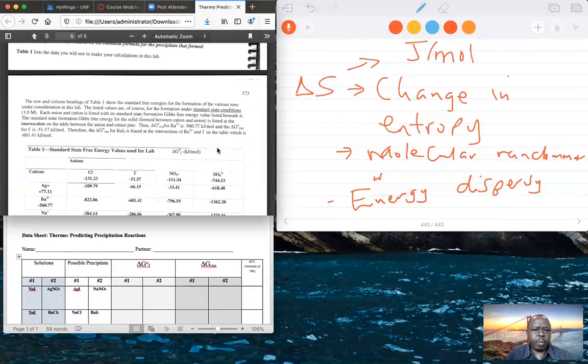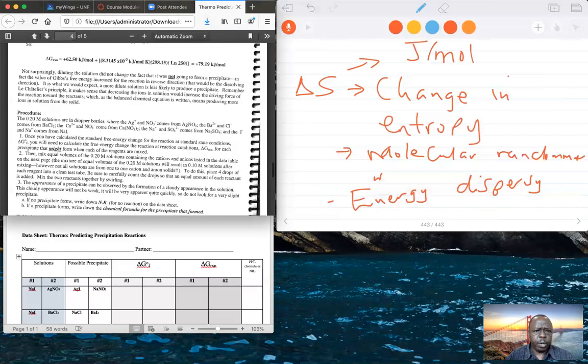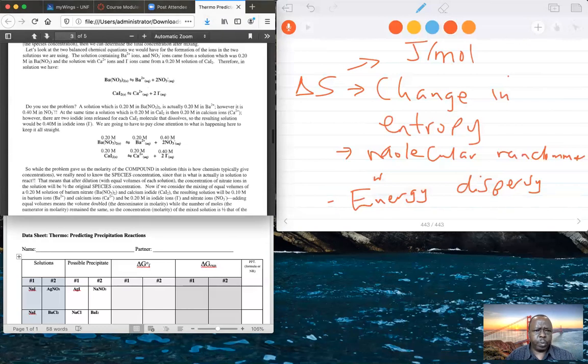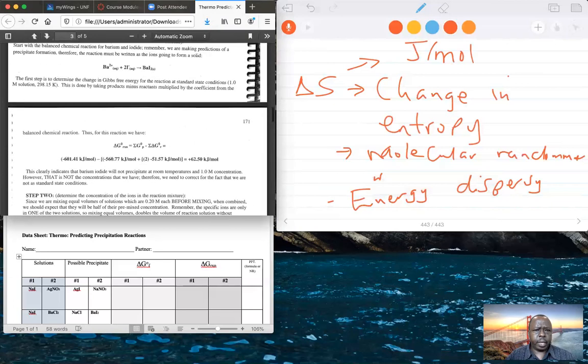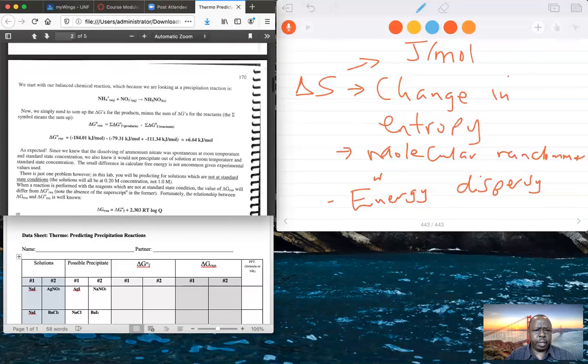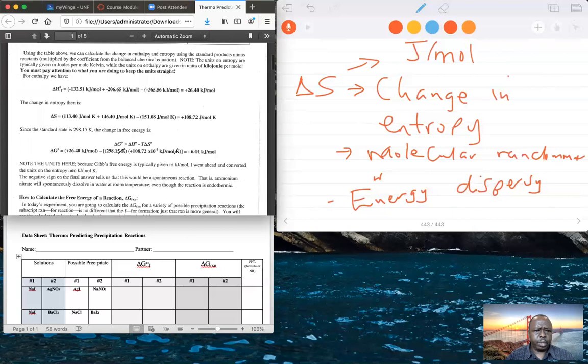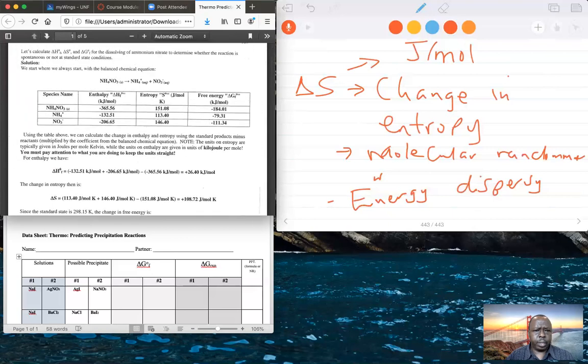Let's look at the units for delta H and delta S. The enthalpy is given in kilojoules, and the entropy is given in joules.